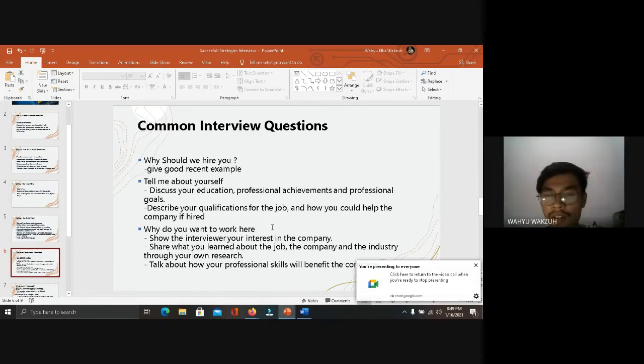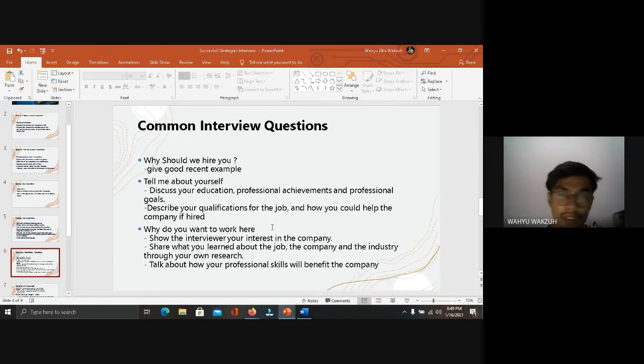For example, if you go to an interview for a job, you need to tell the employer about yourself and your professional skills. For example, if you have a skill, maybe you can use Microsoft Office, Photoshop, and MATLAB, like that.